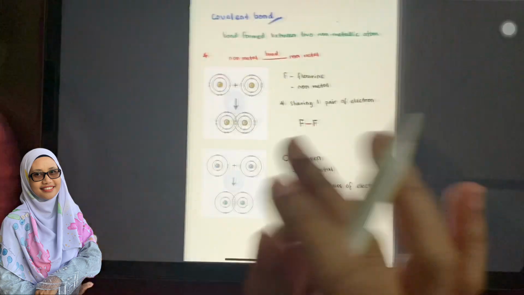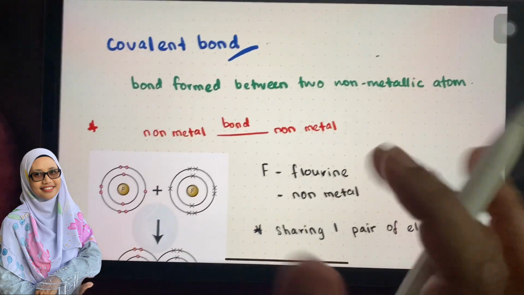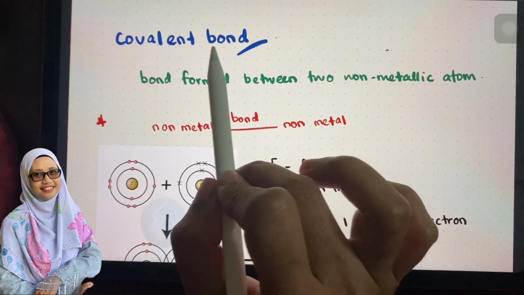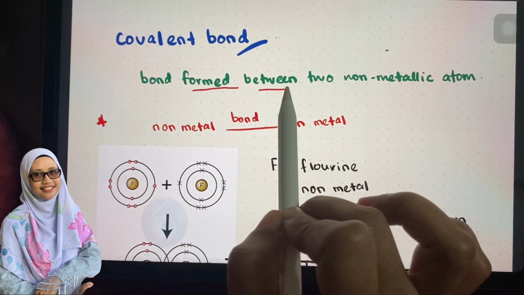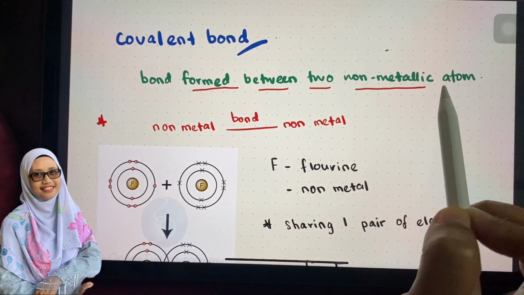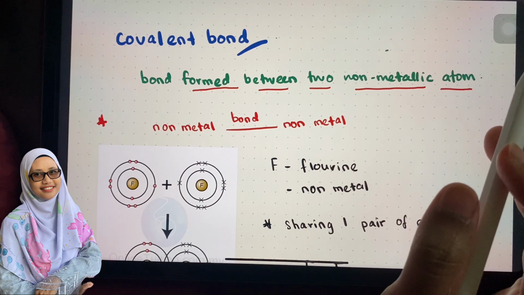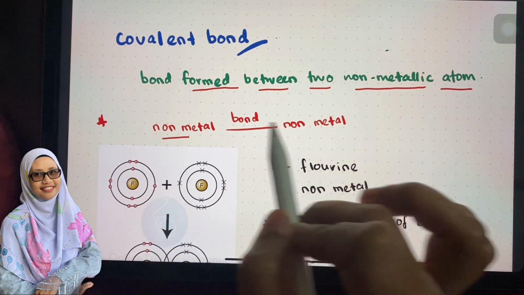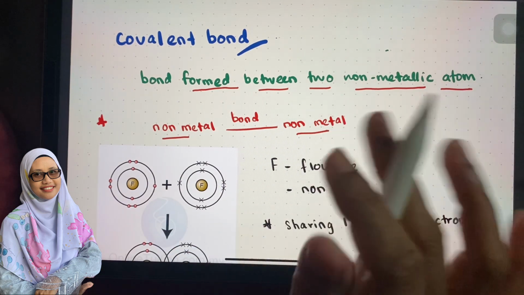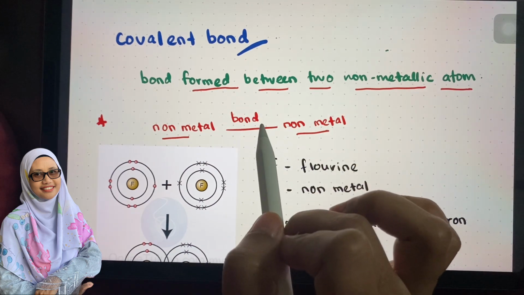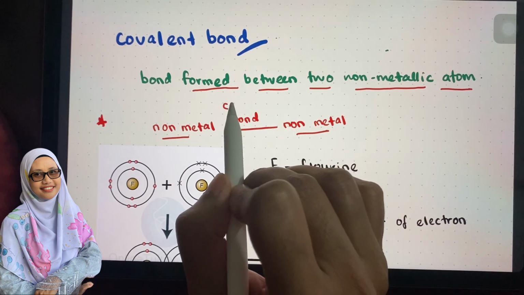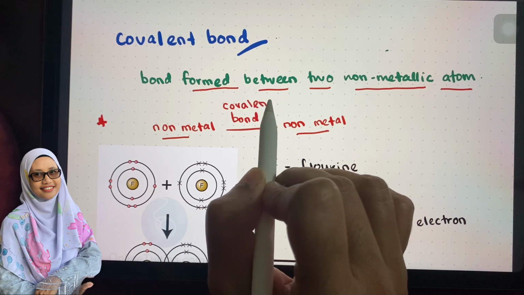Covalent bond is a bond formed between two non-metallic atoms. It means when non-metal and non-metal combine, they form a bond. And this bond is called covalent bond.